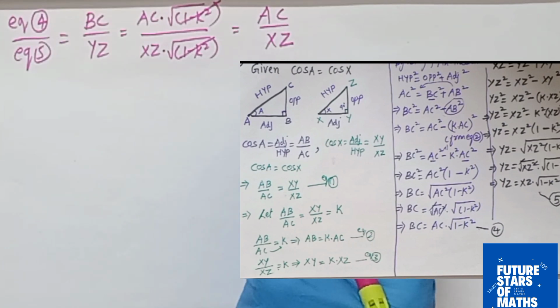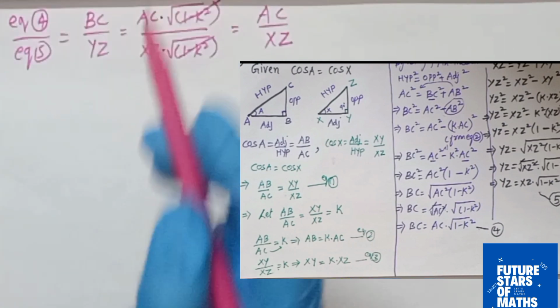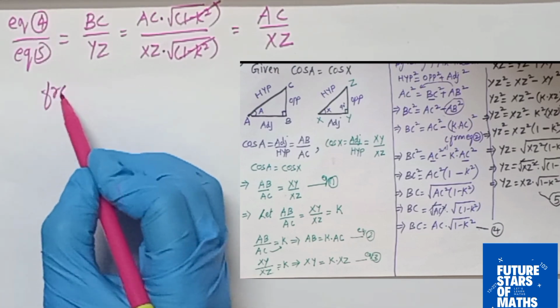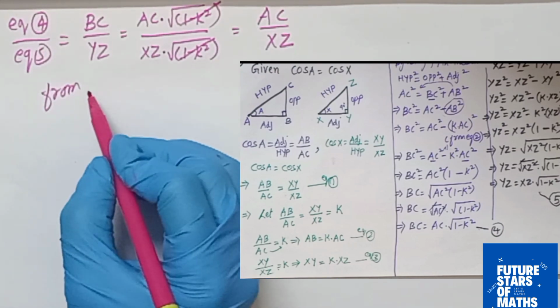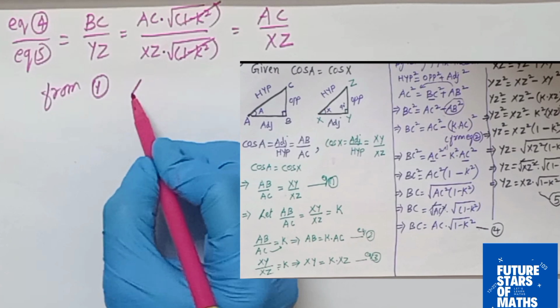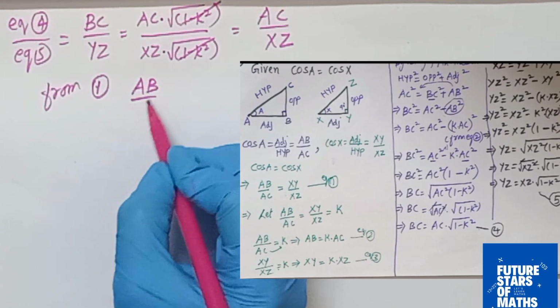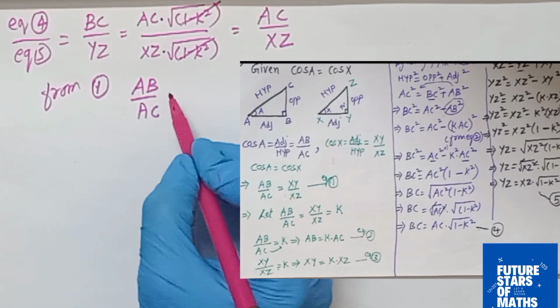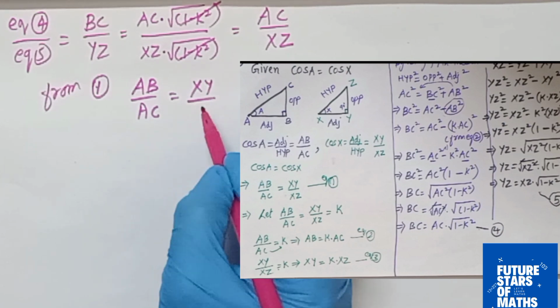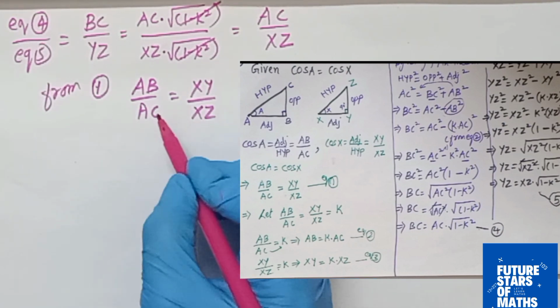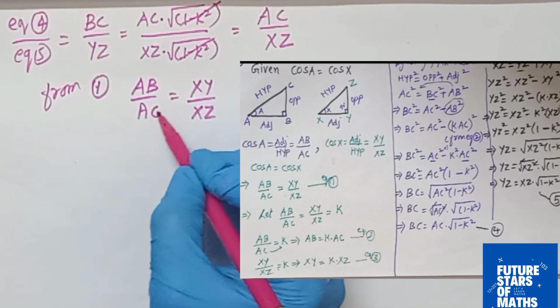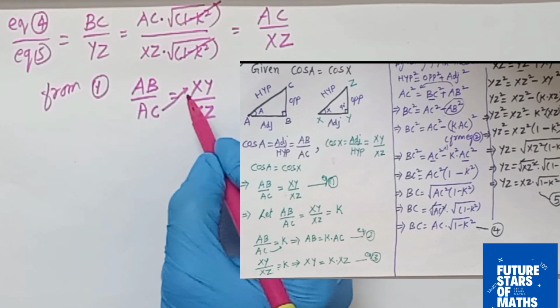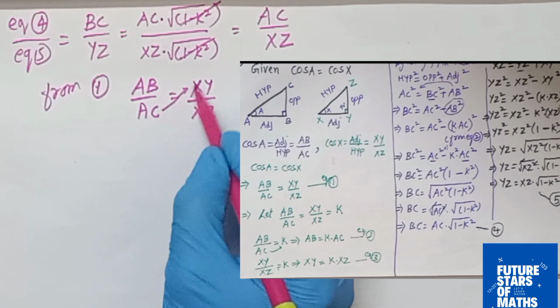But what is AC by XZ according to equation 1? From equation 1, AB by AC equals XY by XZ. So we will interchange this: we send this numerator to this side and the denominator to this side.